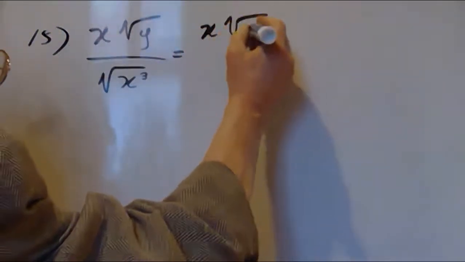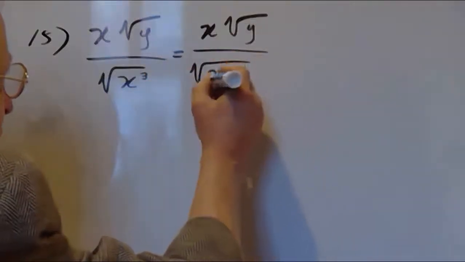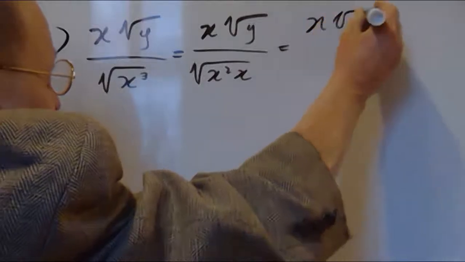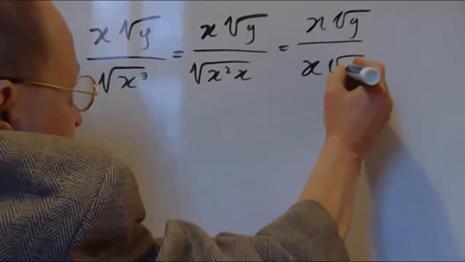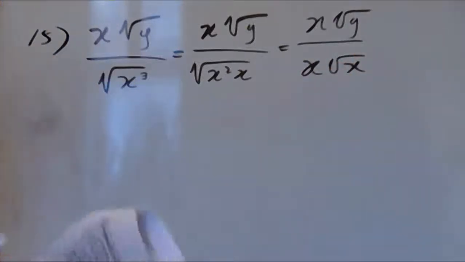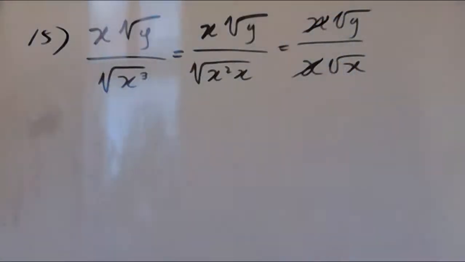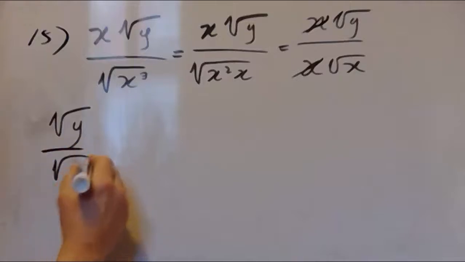So let's see. X square root of y over, well, we have down here x squared x, so that means x square root of x. And what's really nice here is that the two x's cancel out and we're left with y over square root of y square root of x.